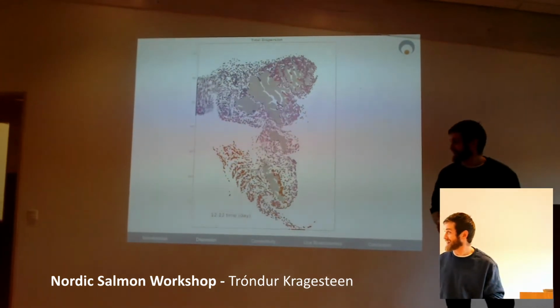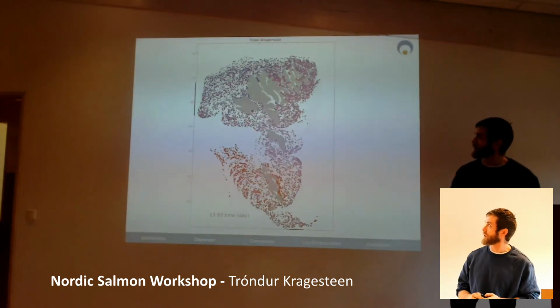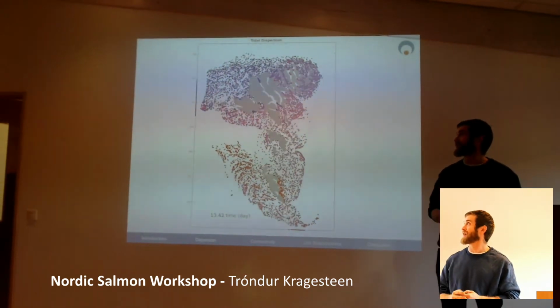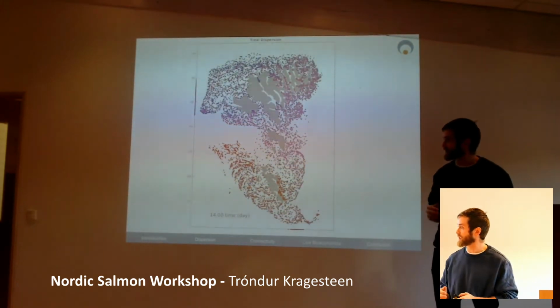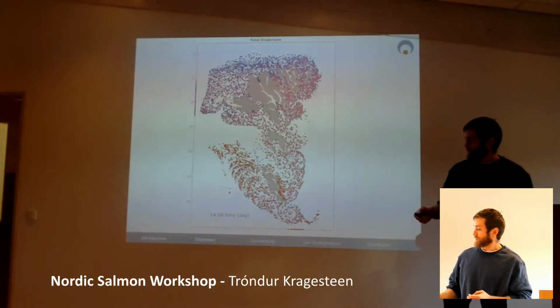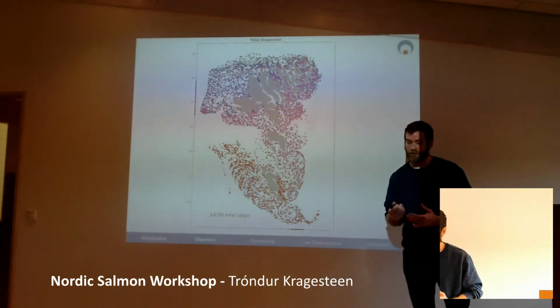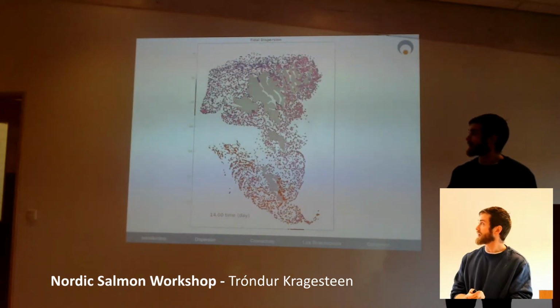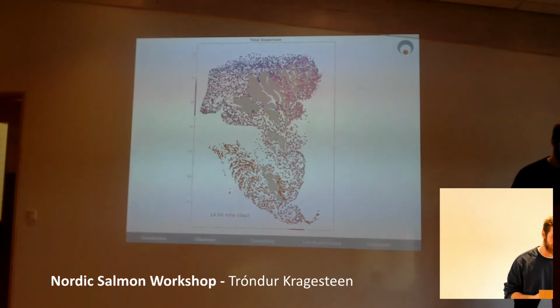We also did some calculation on the distance traveled by these particles. Particles could disperse up to 120 kilometers from their release site. Over 50% of particles in Faroe Islands traveled more than 40 kilometers, which is a lot.